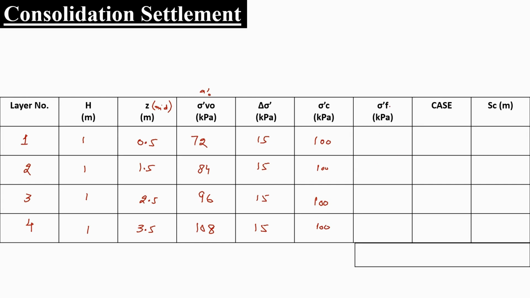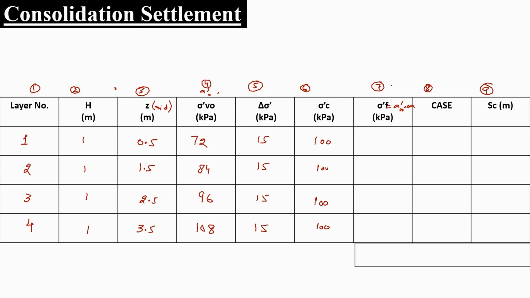Now find out the sigma prime F. This will be equal to sigma V naught plus delta sigma. Just add these numbers. You have to create 9 columns for every question relevant to consolidation settlement. What is final stress? This is sigma prime F, final effective stress.